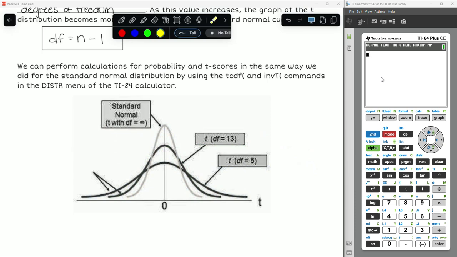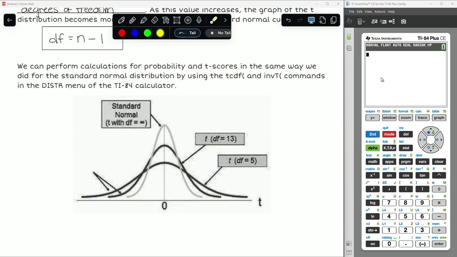Last little side note, we can do the same things with the student t-distribution that we did for the normal and standard normal curves during our unit on probability, meaning I can calculate area under the curve, or probability, for a t-distribution, and I can calculate t-scores given a probability or percentage the same way that I did for the standard normal distribution.